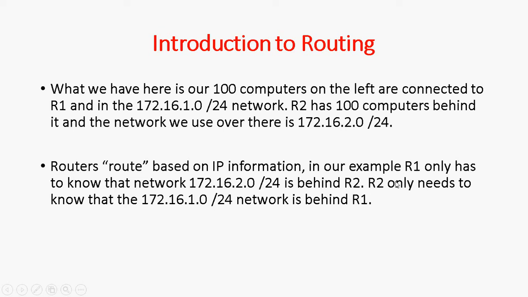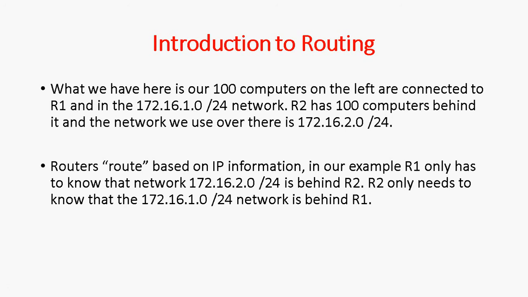So in our example, R1 only has to know that network 172.16.2.0/24 is behind R2. Same, R2 only needs to know that the 172.16.1.0/24 network is behind R1.